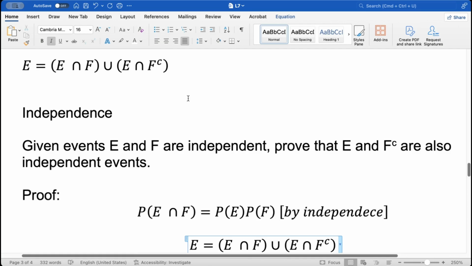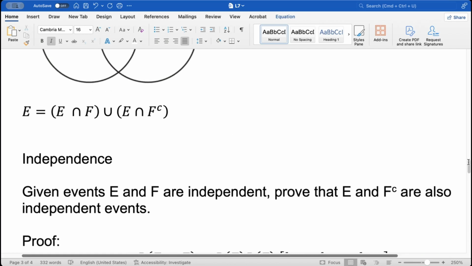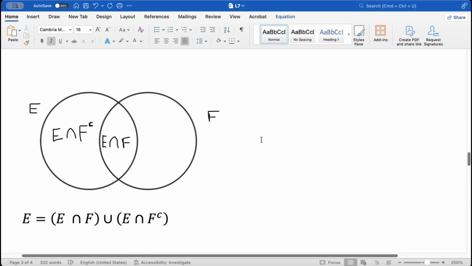So using our breakdown of E into E intersect F union E intersect F complement, we can apply the probability here, and because these sets are mutually exclusive, E and F complement, there's no overlap there. It's impossible to be in both of those sets at the same time.